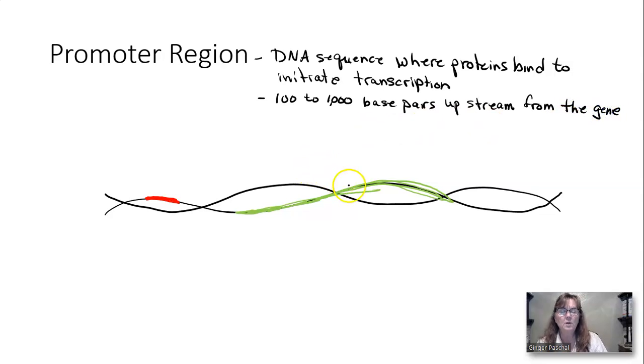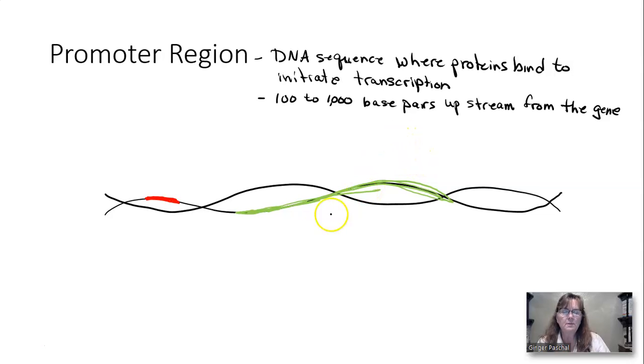So you can see what we're talking about here. The gene is here, and if you go up from the gene to the promoter, you'll see that the promoter is what's called upstream. So when we talk about this, we're talking about upstream and downstream.